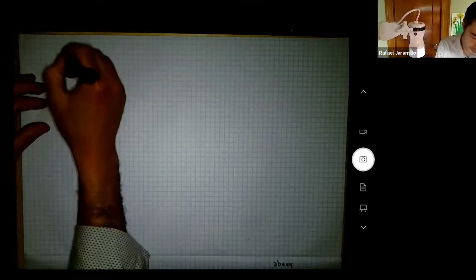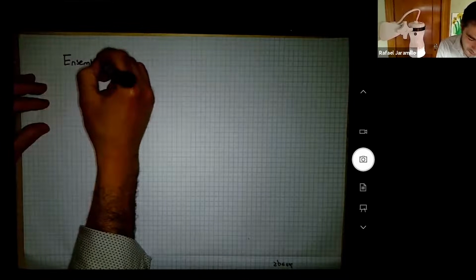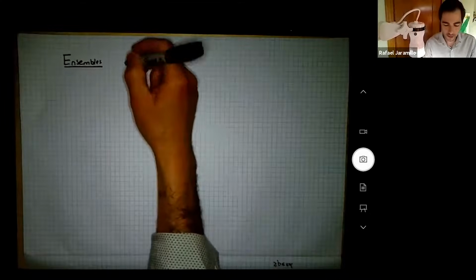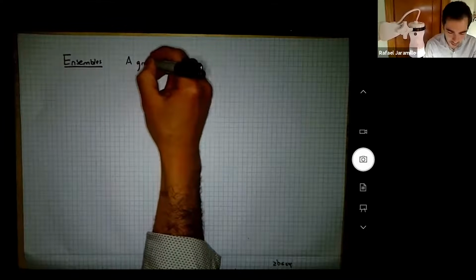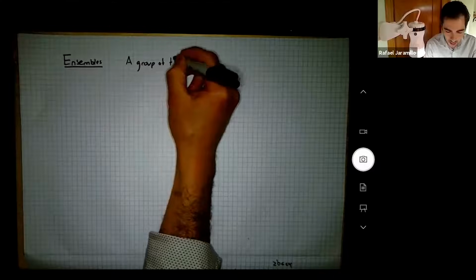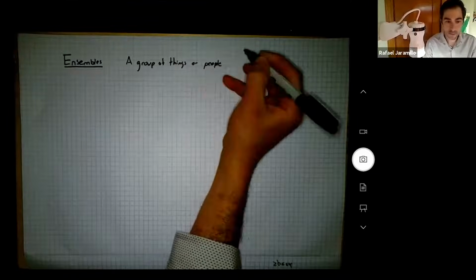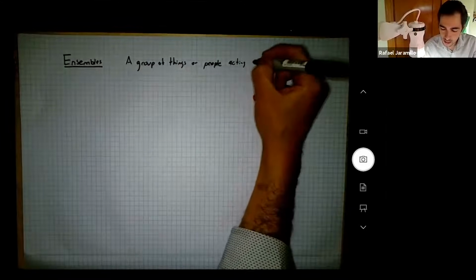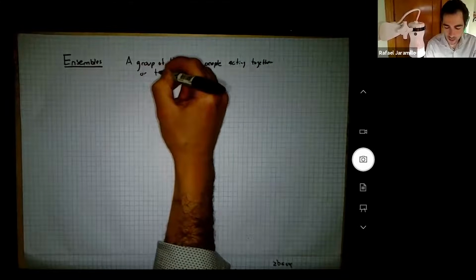Okay, so let's talk about ensembles. Ensembles are what? I looked up a definition in the Cambridge Dictionary. It says a group of things or people acting together or taken as a whole.